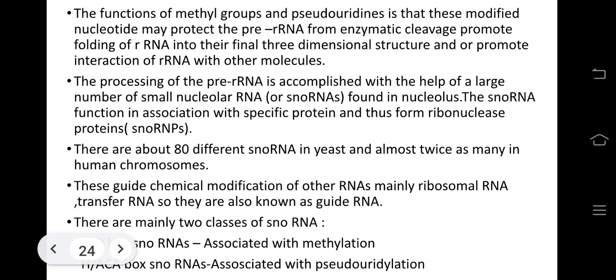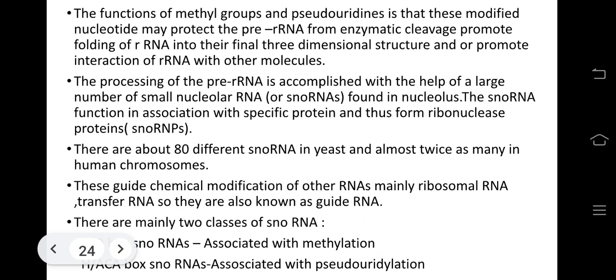The function of methyl groups and pseudouridines is that these modified nucleotides may protect the pre-rRNA from enzymatic cleavage, promote folding of rRNA into its final three-dimensional structure, and promote interaction of rRNA with other molecules. The processing of pre-rRNA is accomplished with the help of a large number of small nucleolar RNAs, or snoRNAs, found in the nucleolus.